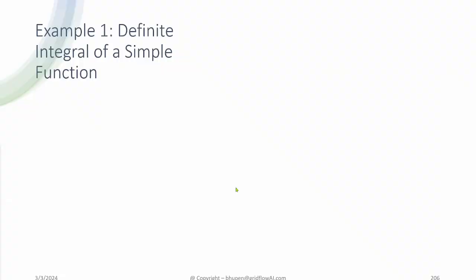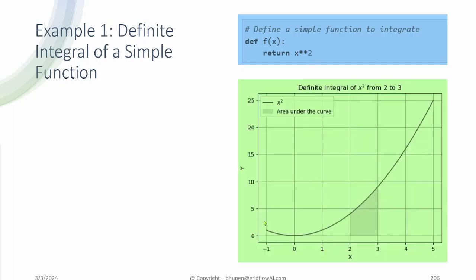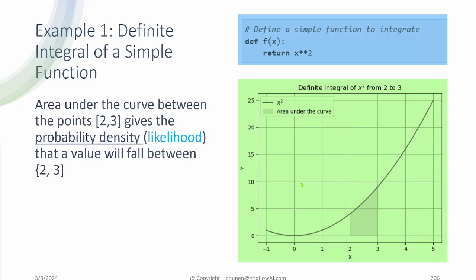So let's look at an example here. Let's say the function is x square, a quadratic function. The area under the curve, let's say between 0.2 and 3, gives the probability density, which is equivalent to the area in this shaded region.